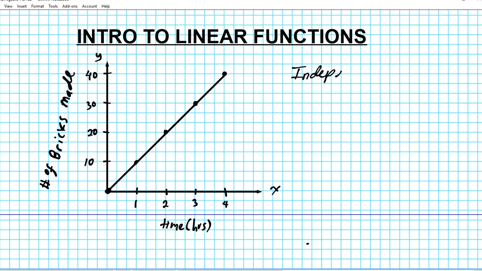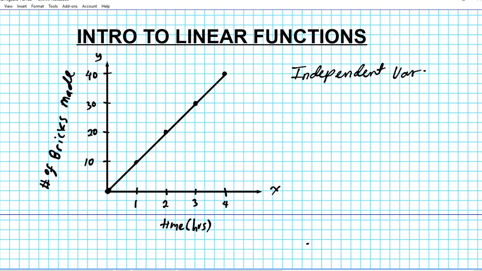The independent variable is the variable in the x direction. Think about time. Time is independent. How do we know time is independent? Because time doesn't depend on anything. Alright, so time is the independent variable.